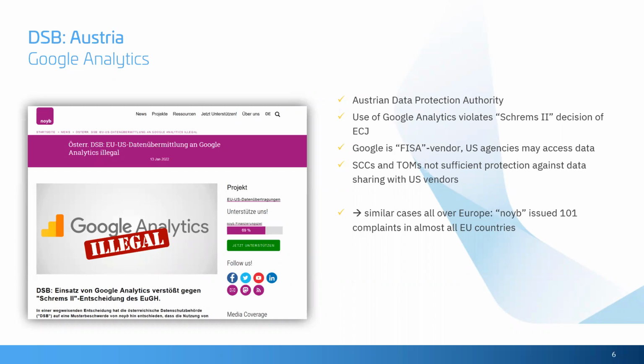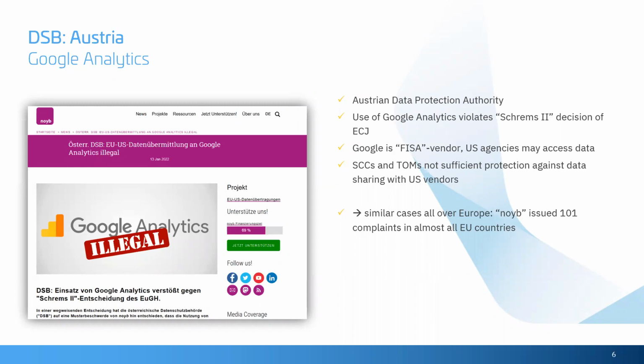The decision there is that Google Analytics is seen as in violation of the Schrems II decision. The Schrems II decision is the one that basically kicked the Privacy Shield. The conclusion is that Google is seen as a FISA vendor.